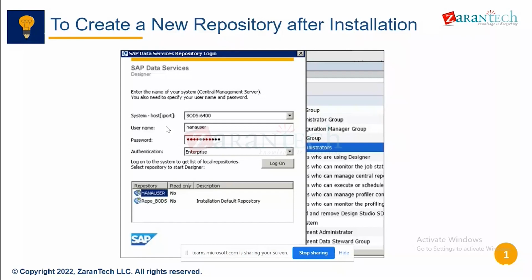So when it comes to production, we will have one repository, and that repository will take care of these jobs. It's not that one developer is dedicated to fix issues. Any developer can access the production repository, but at a time, only one developer can log in to that particular repository. That is the standard way.